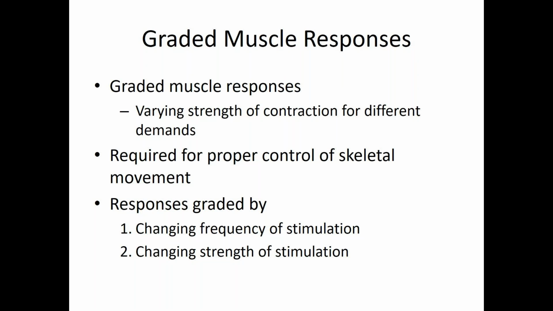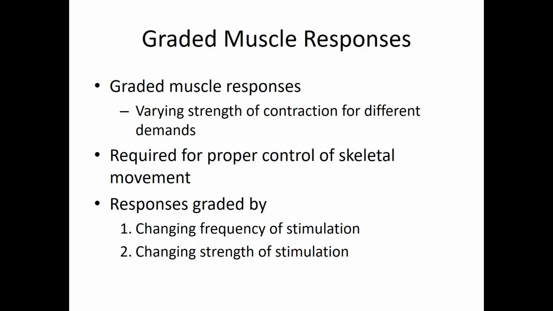So we talked about graded potentials in the nervous system, where we had a weak one and then a little stronger, a little stronger, up to full, the whole range. Unlike an action potential, which is on or off, it's more of a dimmer switch kind of situation. Graded muscle responses are the same basic idea.